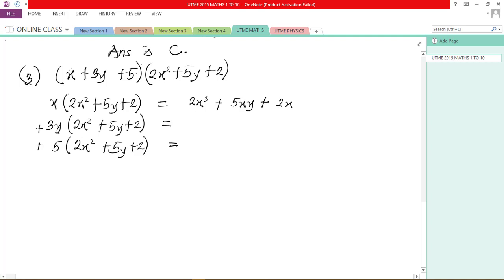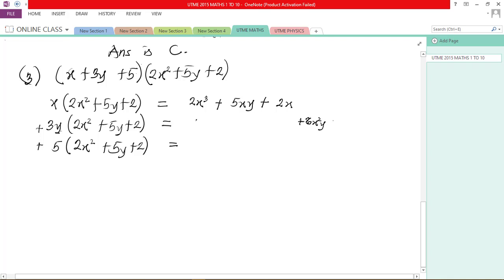Then again, you have 3y times this. This will give you 3, I don't have squared there. I will take it back here because it's not in line with what we have initially. So I will say it is what? 6x squared y. Assuming I have something like that, I will write it under it.